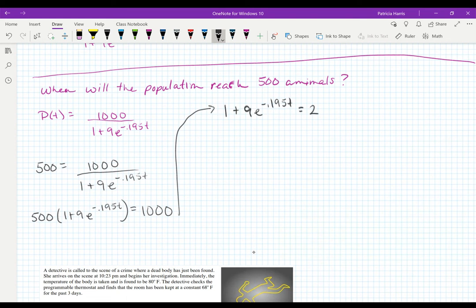Now I'm going to subtract the 1. Divide by 9. And now I'm going to use that natural log again.